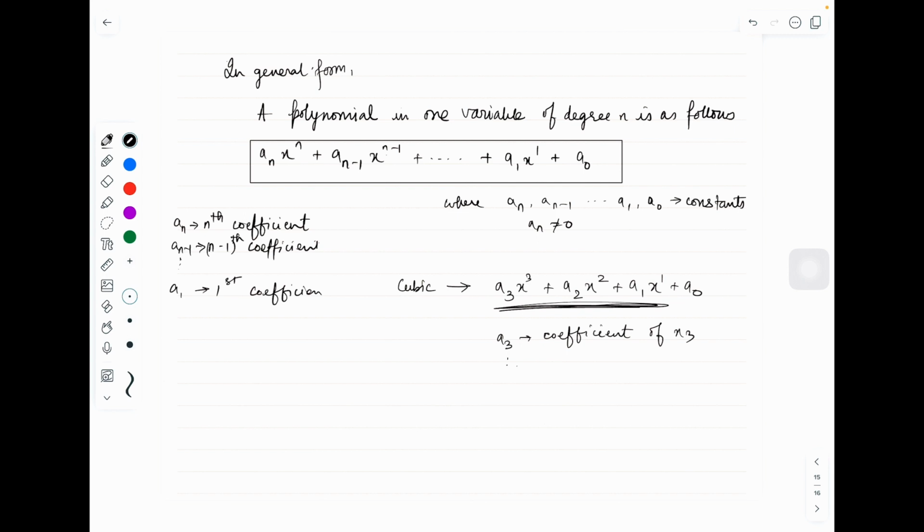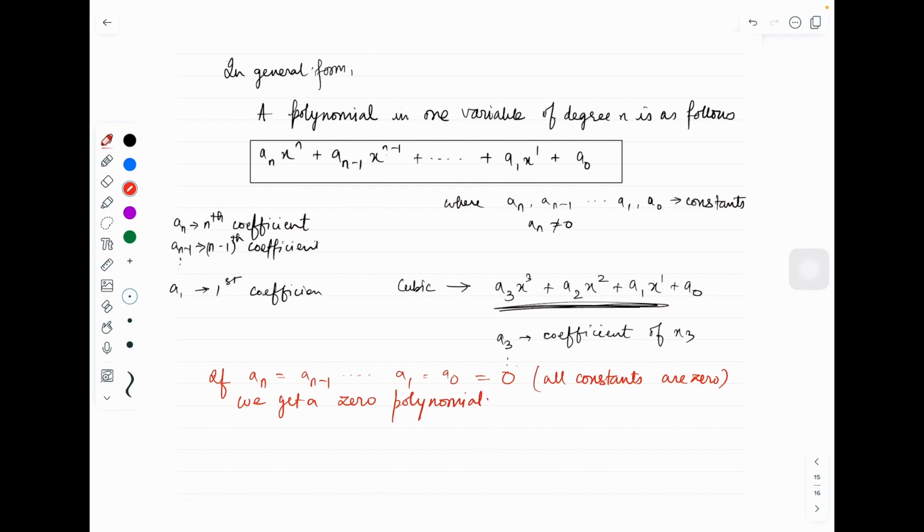Now if we make all these constants, an minus 1 and so on, a1, a0, equal to 0, okay, all the values of the constants are 0, we get a zero polynomial. I told you earlier 0 is a zero polynomial.